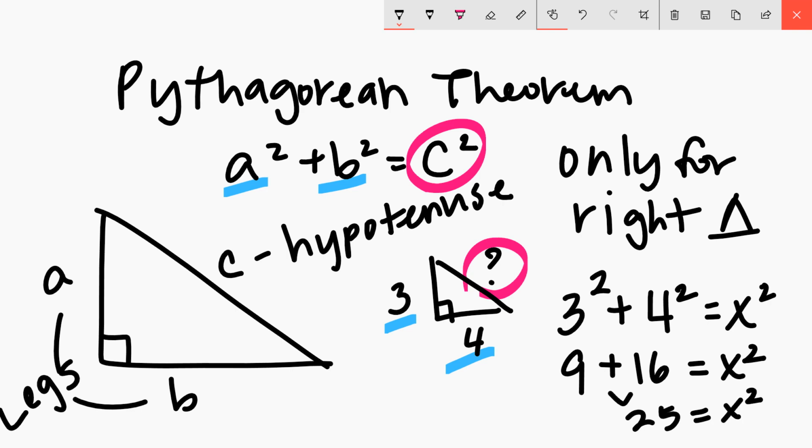Now we've got this equation that we've just been talking about, how I need to get x by itself. I know that an exponent can be canceled with a square root. So my next step is to square root my entire equation. And the square root of 25, I get x equals 5.